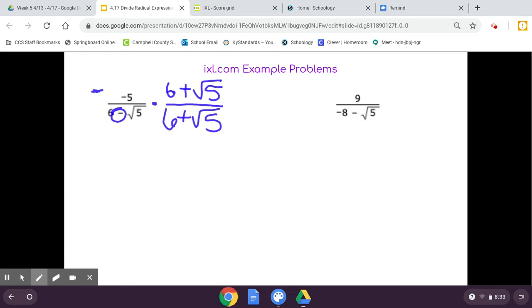Again, I know it says minus here, but when we're rationalizing, instead of minus, it'll be plus. Instead of plus, it'll be minus, and so on and so forth. All right, so now we have to distribute this negative 5 in our numerator.